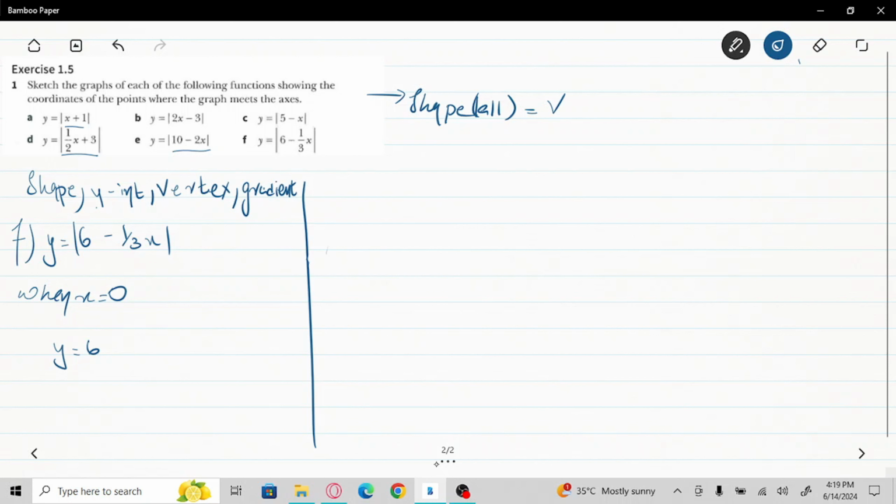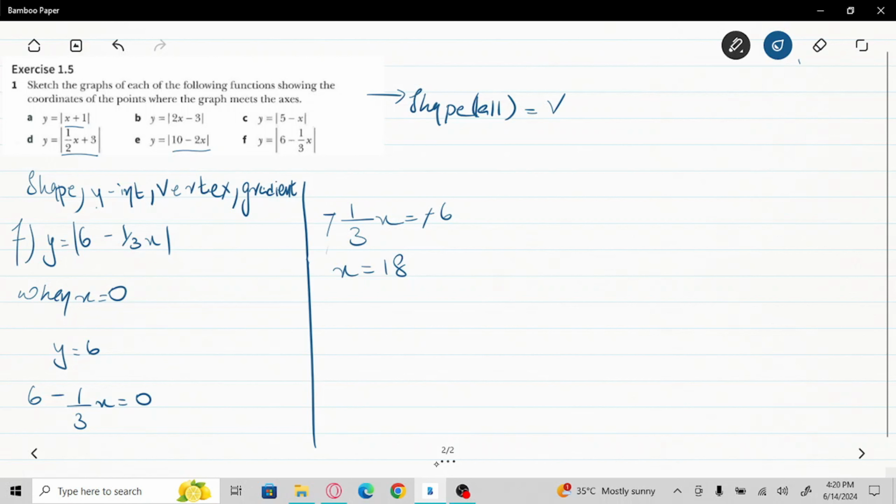And the vertex: we take this whole function, 6 minus 1 upon 3x, and set it equal to 0. So negative 1 upon 3x equals negative 6. Cut down these values. x equals 6 threes, which is 18. So x equals 18. Big value.